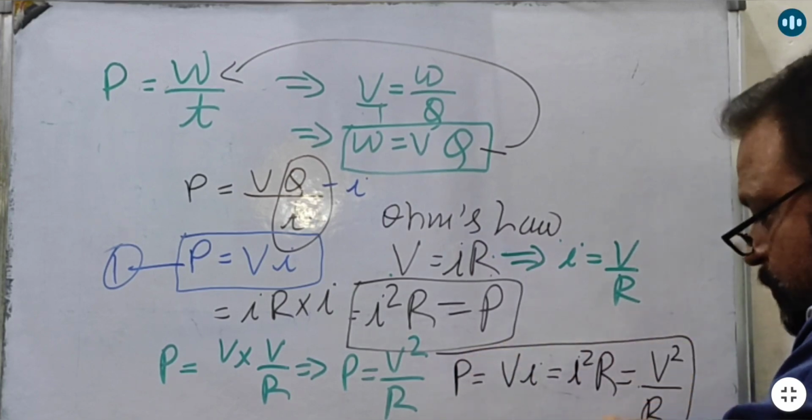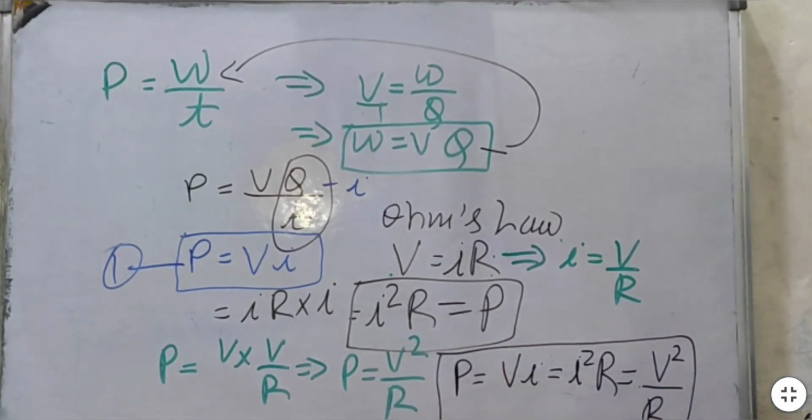These are the three variations. Power can be written as VI is equal to I square R is equal to V square upon R.